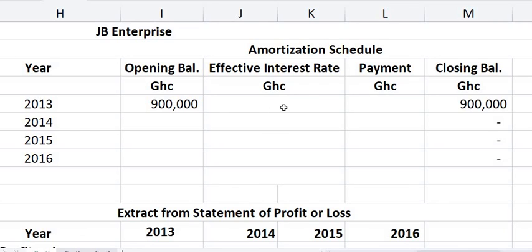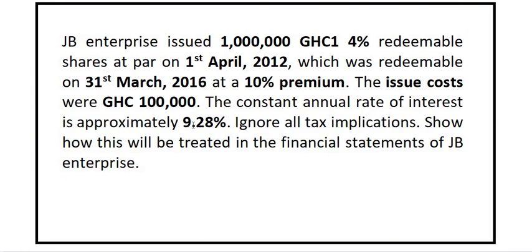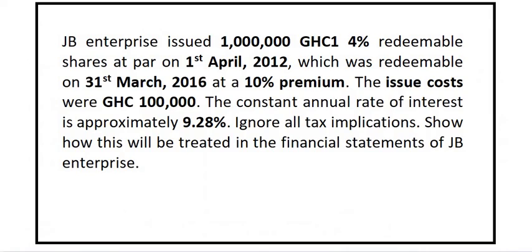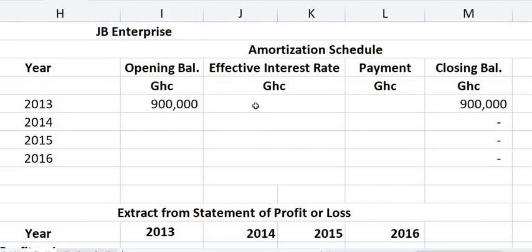Okay, so we are going to charge effective interest rate of 9.28% on the opening balance. It is always charged on the opening balance. So 9.28% of 900,000, we have 83,520.